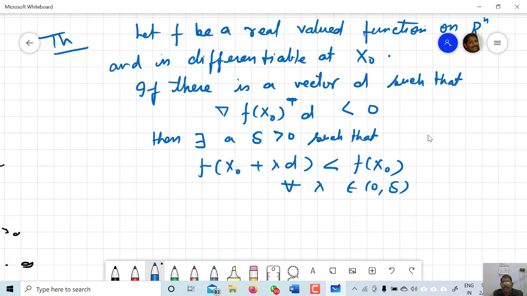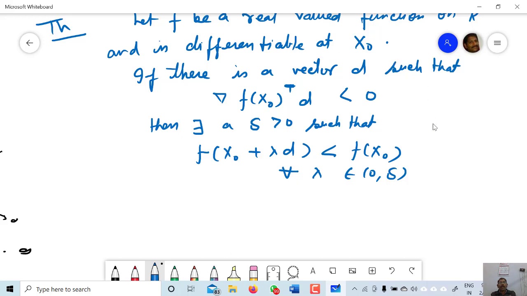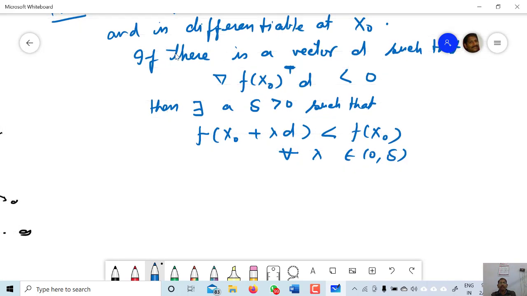The theorem is saying that f is a real valued function and differentiable at x0. That means at x0 the function is continuous, because only if the function is continuous will it be differentiable at that particular point. This is the derivative of that particular function, because we have said that the function is differentiable at that point.